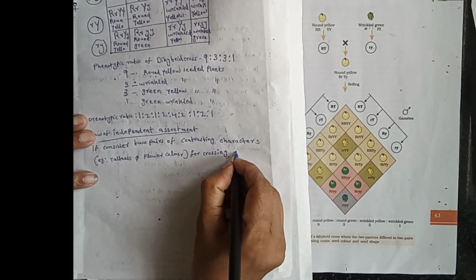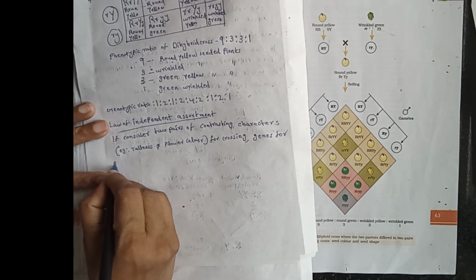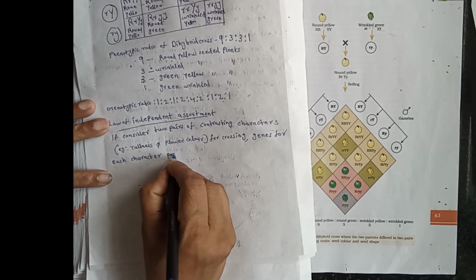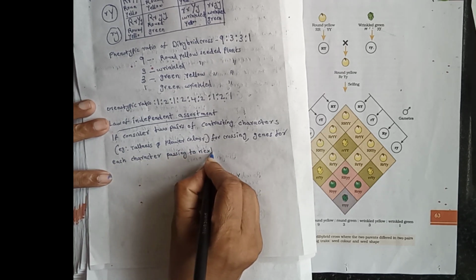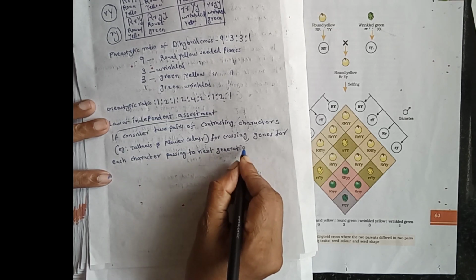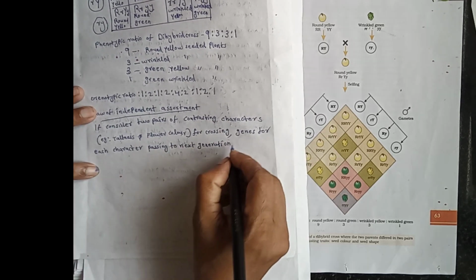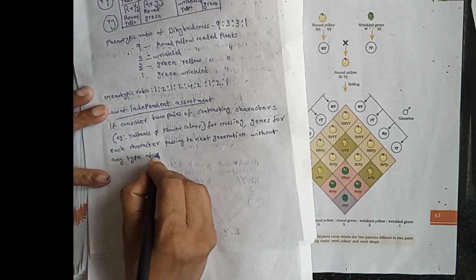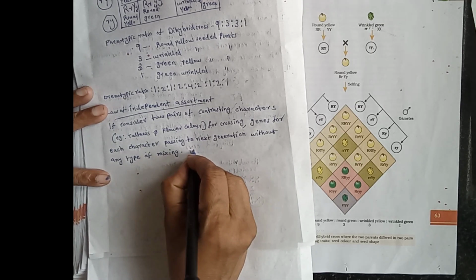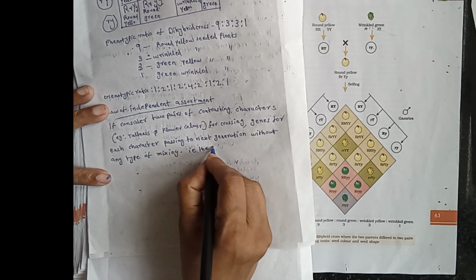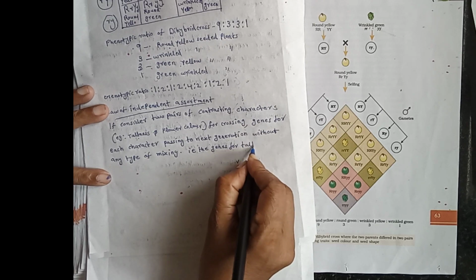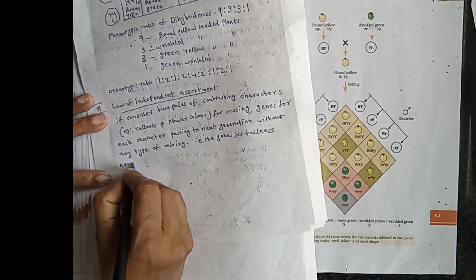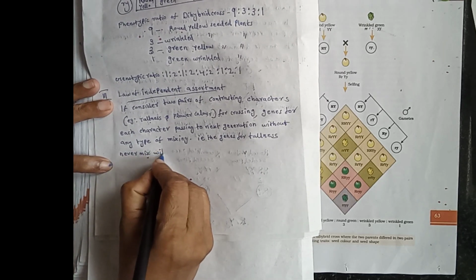Genes for each character pass to the next generation without any type of mixing, that is, the genes for tallness never mix with genes for flower color.